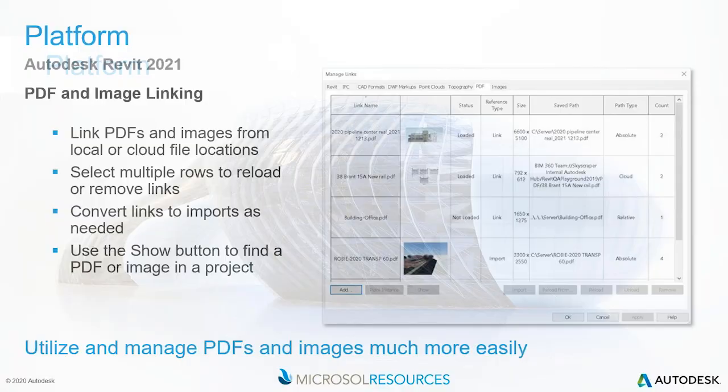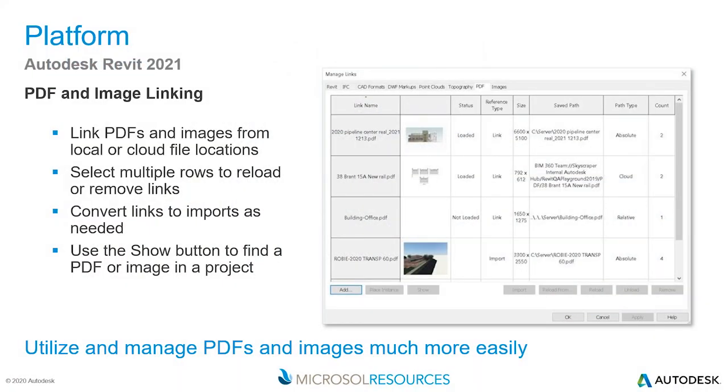In Revit 2021, some of the new features generic to the platform are PDF and image linking. It was always able to link images, but now we can link PDFs as well, and they can be local or even from the cloud. More and more people are working in the cloud. Here's an example of a link from a BIM 360 site.